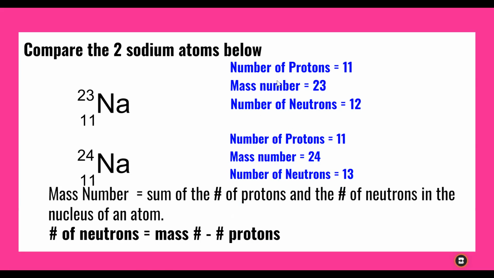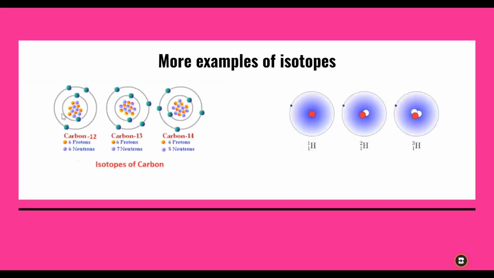And this mass number is different because the number of neutrons is different. Therefore, these two are isotopes because they are the same element, which means they have the same number of protons, but a different number of neutrons. Okay. So these are examples, more examples of that.